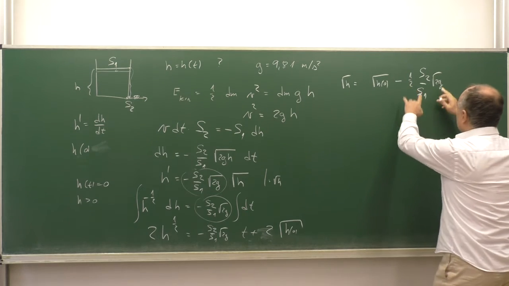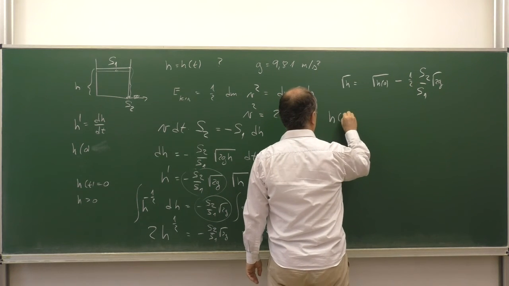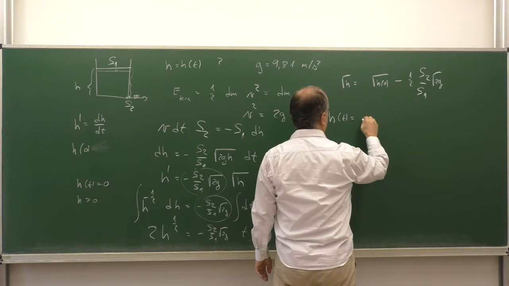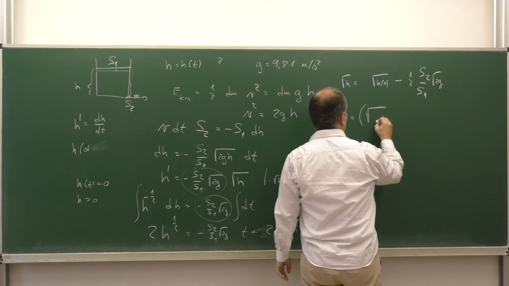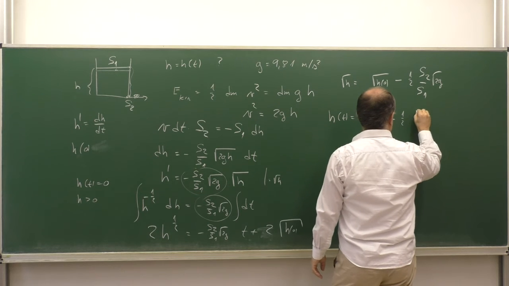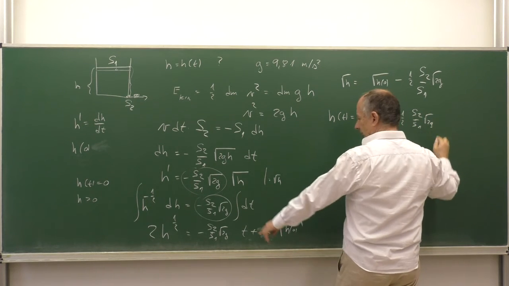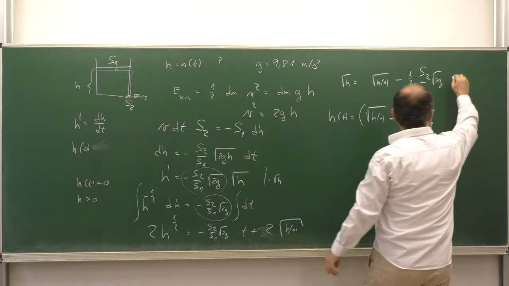Yeah, we can reduce this too, but this is not important. Well, and finally, h as a function of time is just square of that. Square root of h0 minus 1/2 S2 S1 square root of 2g, t.